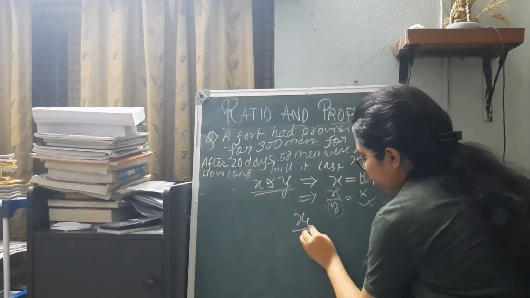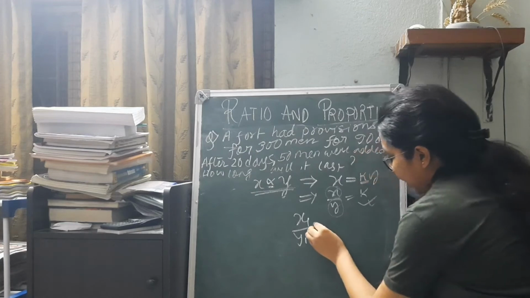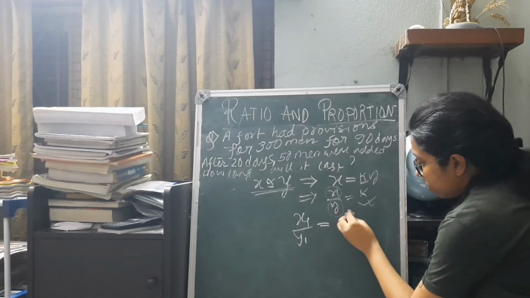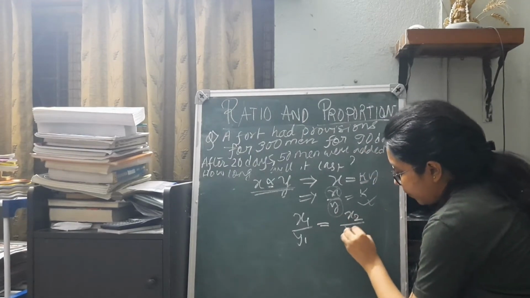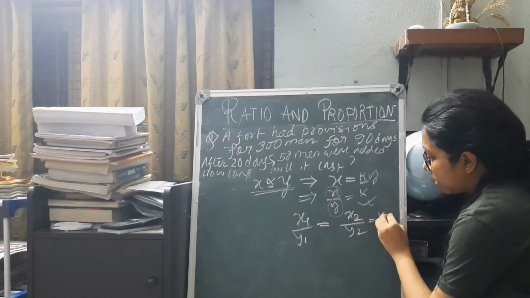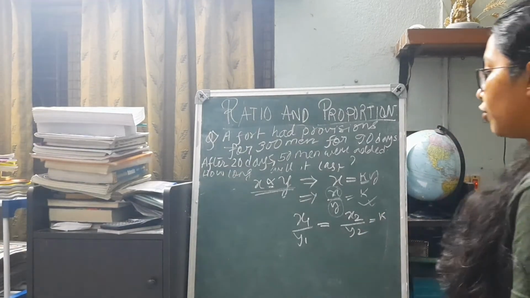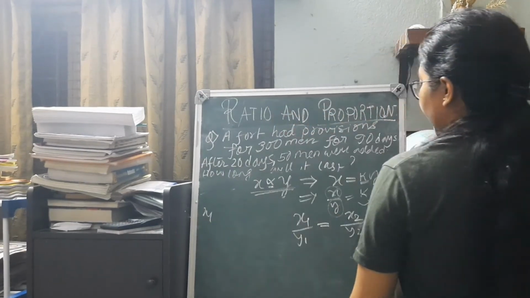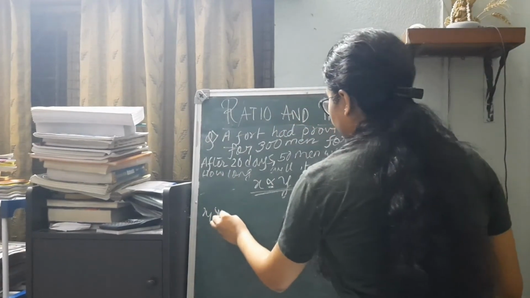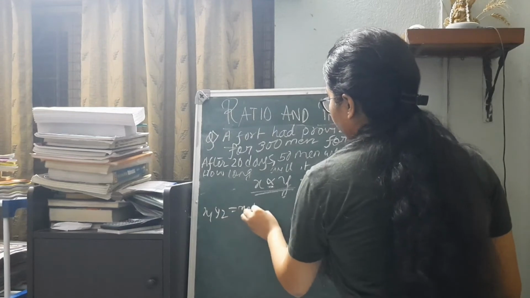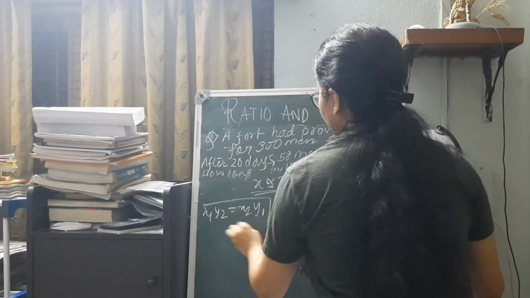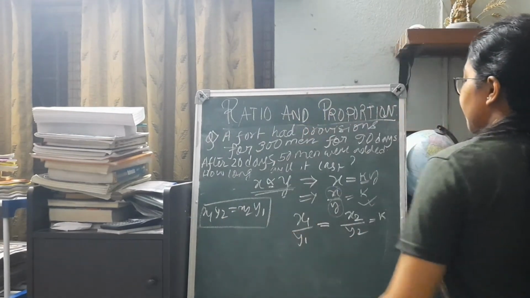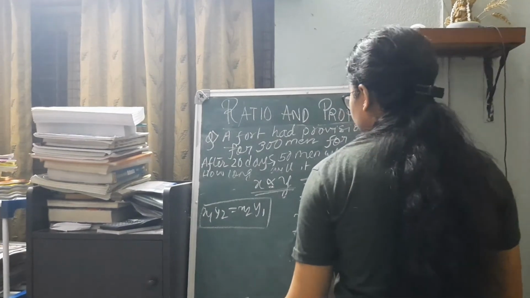If we take certain values, x1 by y1 is equal to x2 by y2, which is equal to k. On cross multiplication, x1 y2 is equal to x2 y1. This is the basic observation for direct proportionality.